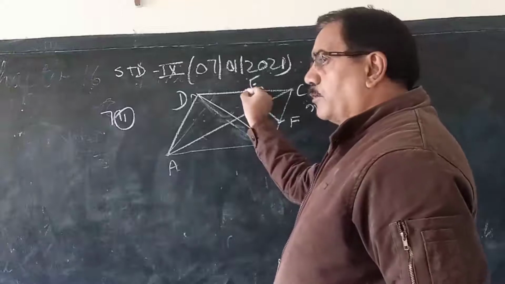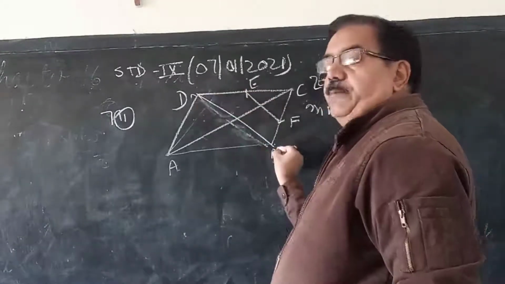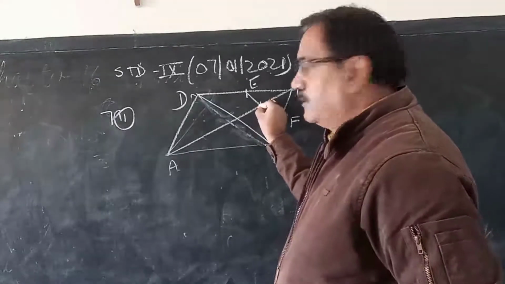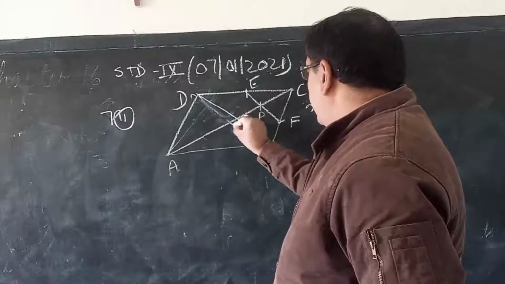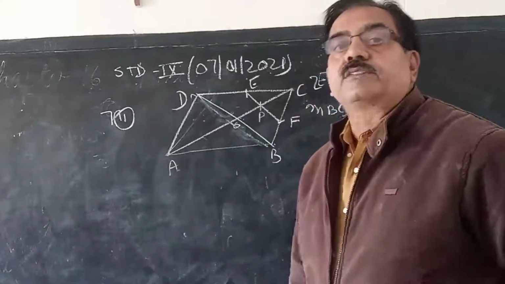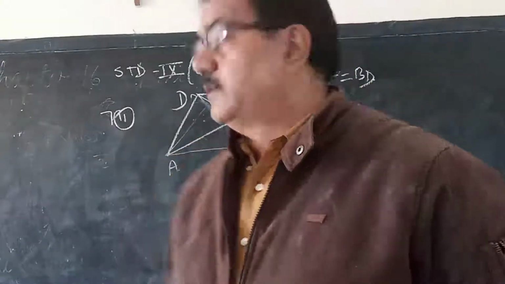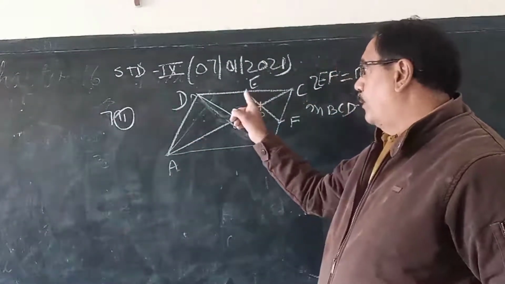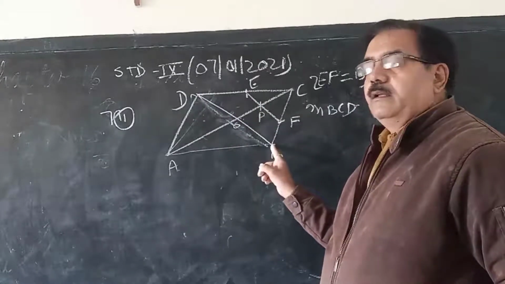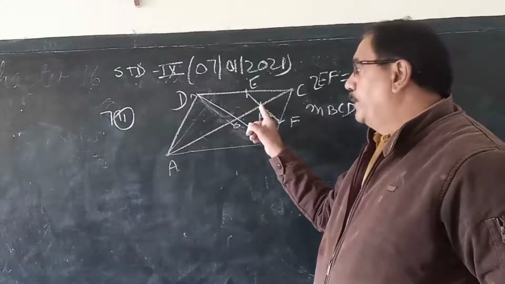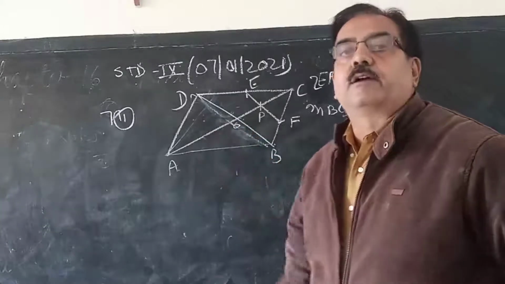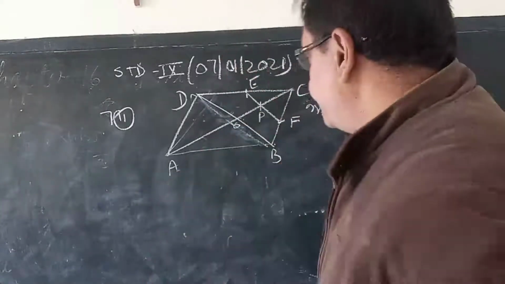So a line drawn through one midpoint parallel to BD, then P will also be the midpoint of the side OC, by the converse of the midpoint theorem.